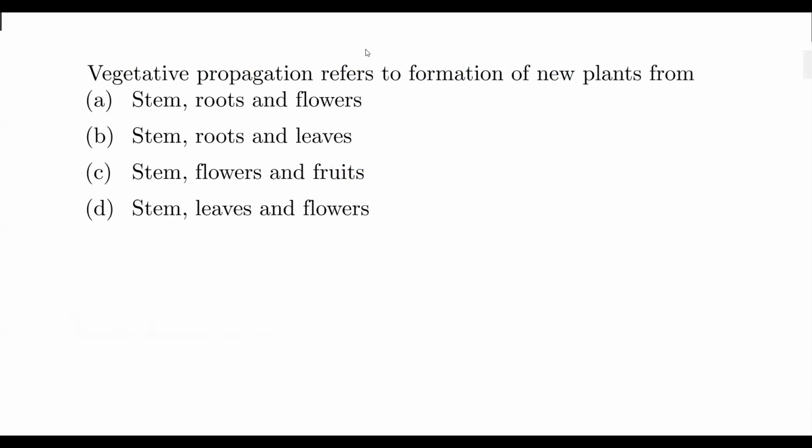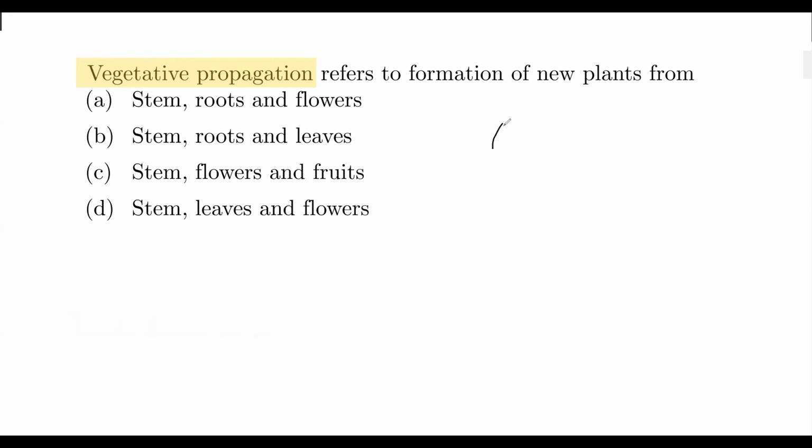The next question is from the chapter, what chapter? That's biology, yeah, that's reproduction. It says vegetative propagation refers to the formation of new plants. Now, vegetative propagation is producing a new plant from the vegetative parts. Now, what are vegetative parts? Everything except fruit, flower, and seeds.